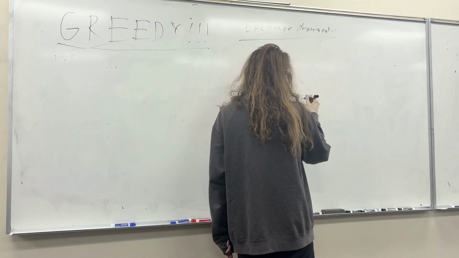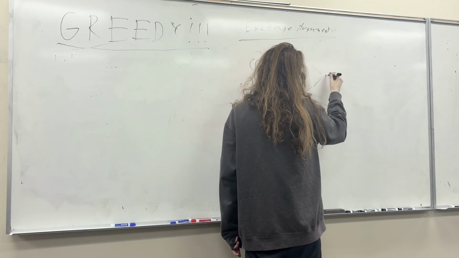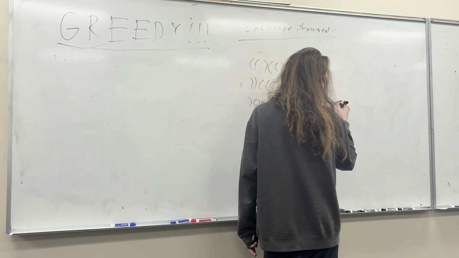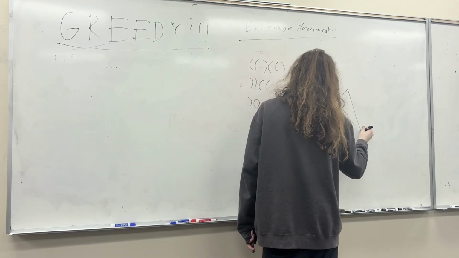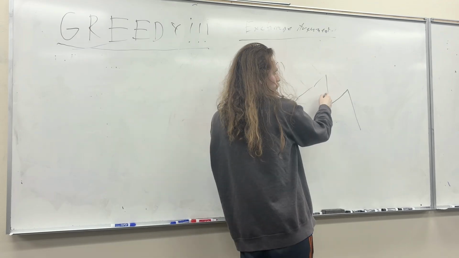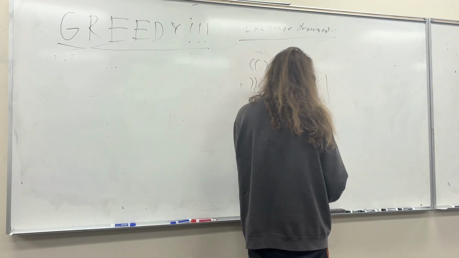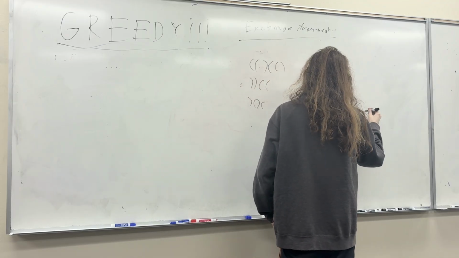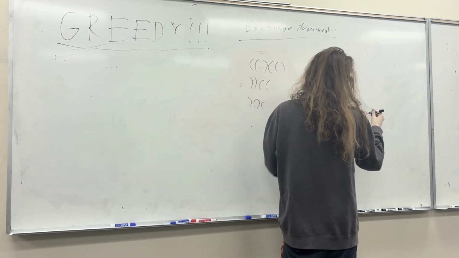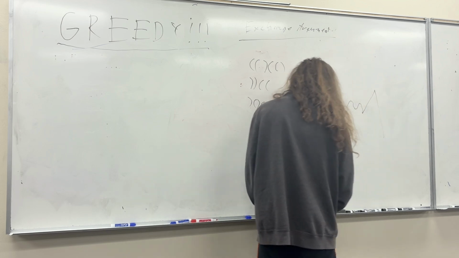If we go up, up, up, down, and then we go up again, and then we go down again. We have some place where it goes down, so we have some wiggle waggle in the middle. This can be anything. And then we go up, and then we go down.